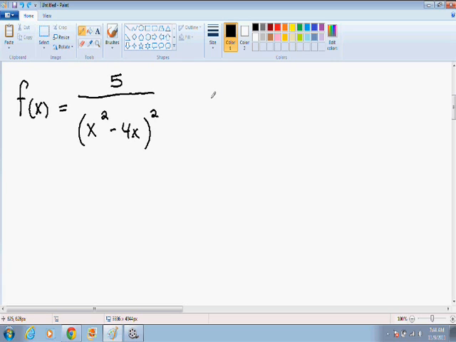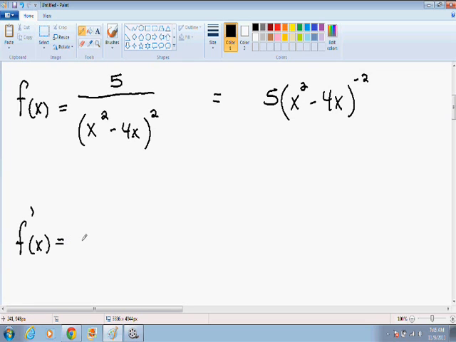Instead of writing it as 5 over (x squared minus 4x) squared, I'm going to write it as 5 multiplied by (x squared minus 4x), and instead of a positive 2 exponent, now it has to be a negative 2 exponent. A positive exponent in the denominator is a negative exponent in the numerator. So now instead of using the quotient rule, we can just take the derivative using the chain rule.